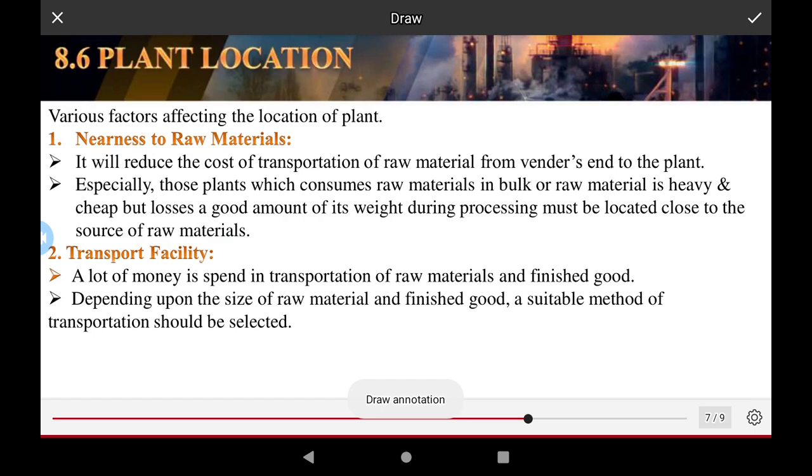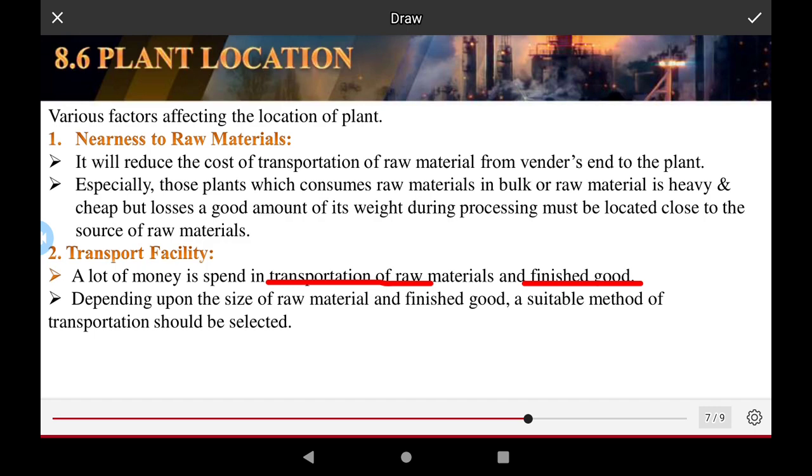Second is the transportation facilities. Near the plant, good transportation facilities should be available. A lot of money is spent on the transportation of raw materials and finished goods.